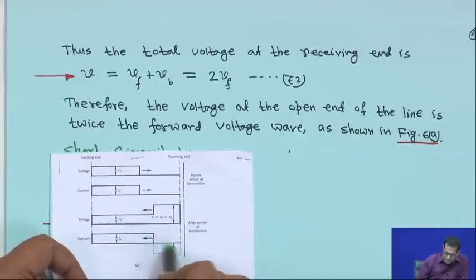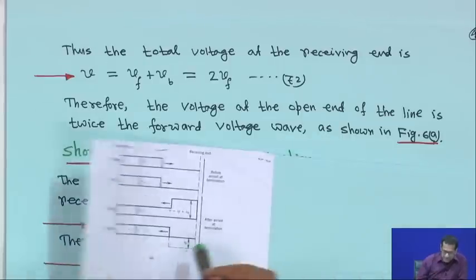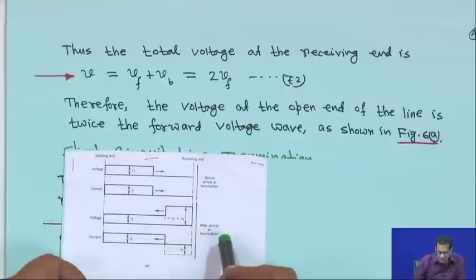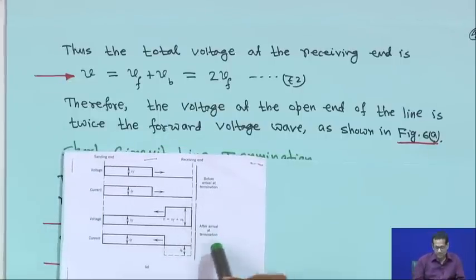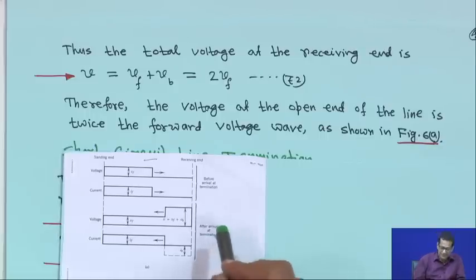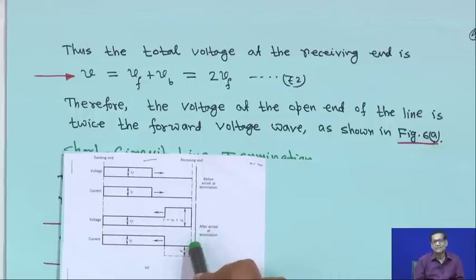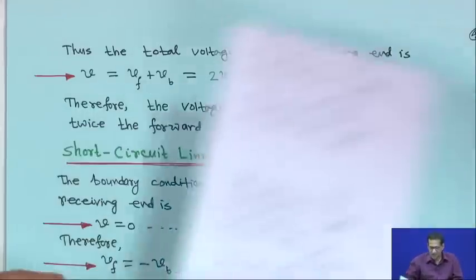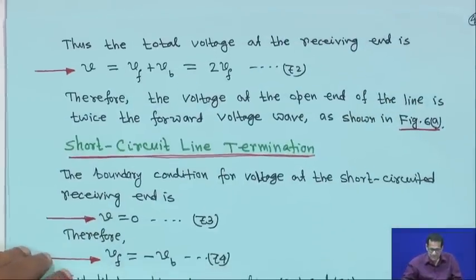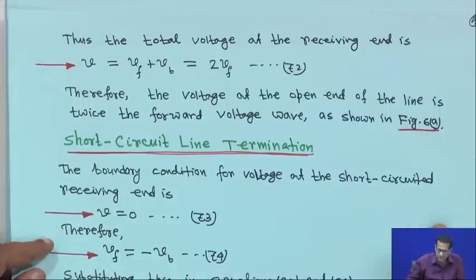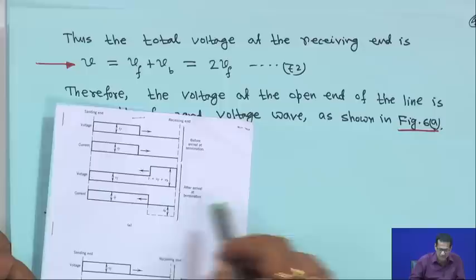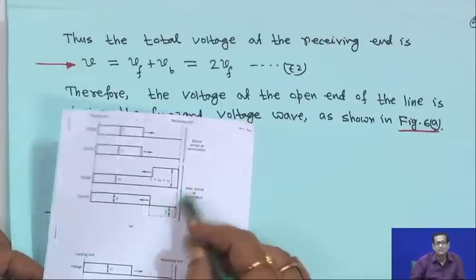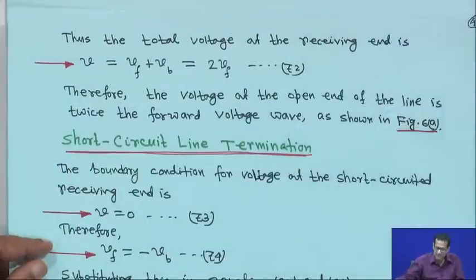This is the travelling wave after arrival at the termination. The forward voltage wave as well as the current is shown, and you can easily interpret this.